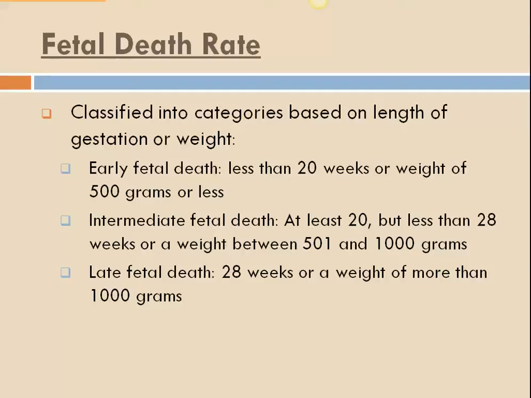An intermediate fetal death is when the mother is at least 20 weeks pregnant, but less than 28 weeks, or the fetus weighs between 501 and 1,000 grams. Late fetal deaths occur after 28 weeks, so 28 up to 40 weeks, or when the fetus weighs more than 1,000 grams. And as I said, you will need to be very familiar with these so that you'll know how to classify these fetal deaths.